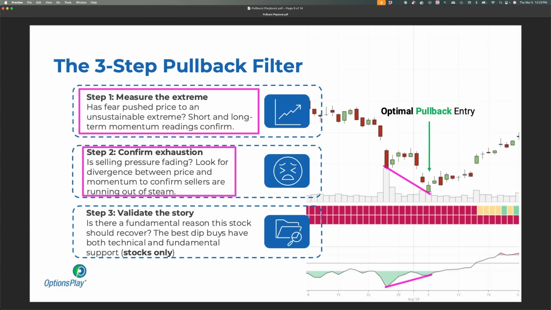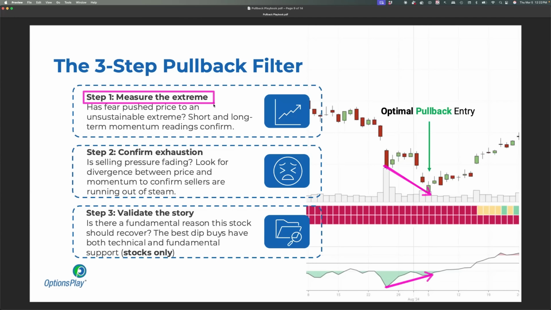And what you're looking for is divergence, right? Lower lows in price that are not being confirmed by a lower low in momentum. When you have the price extreme measured in the unique way that I showed you before, and you have confirmation of that exhaustion, those two things alone will give you this pinpoint accuracy of potential optimal entry at the very bottom of a measured move.